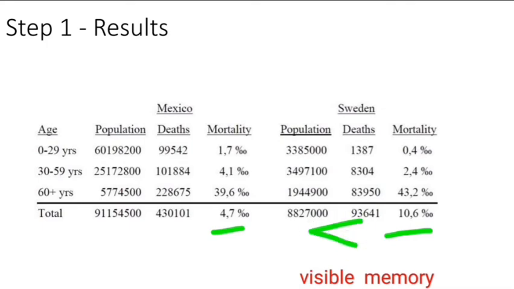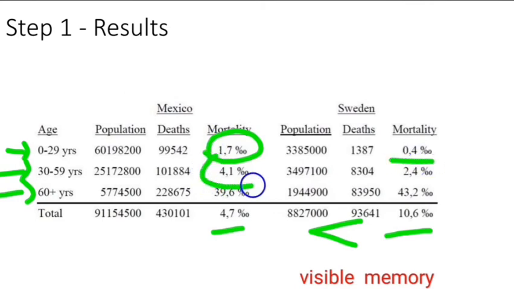But when we divide them into different age categories to find age-specific death rates, we see that Mexico has a higher mortality rate in the first category than Sweden, and in the second category Mexico has a higher age-specific mortality rate than Sweden, and in the third category Sweden has the higher mortality rate.